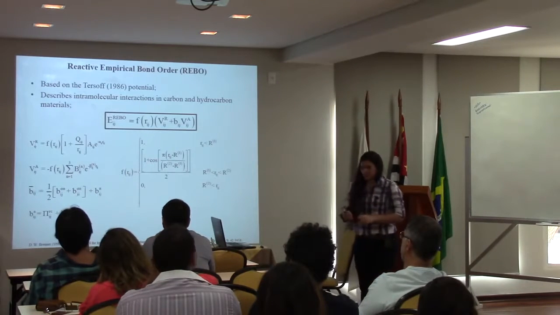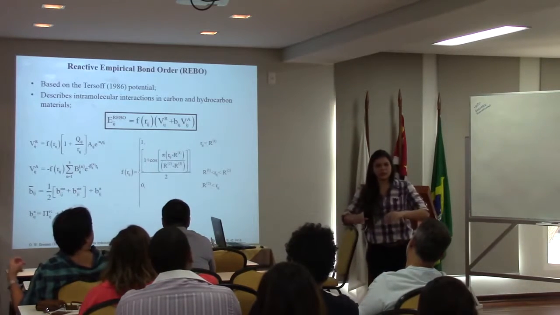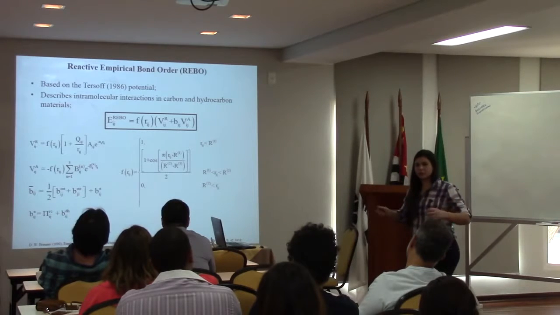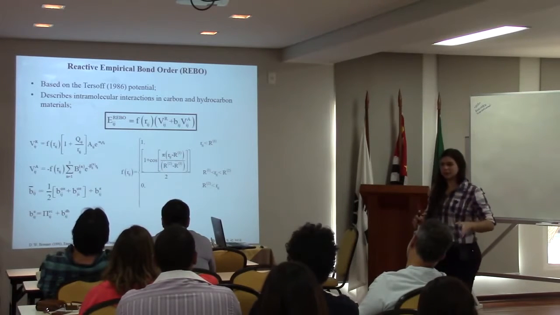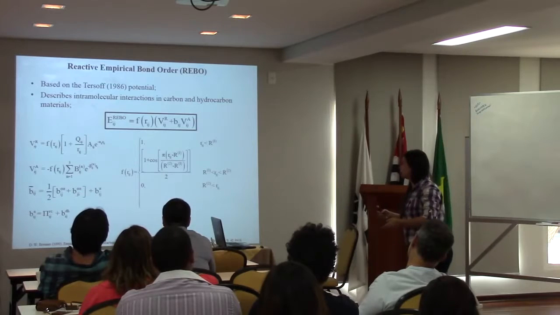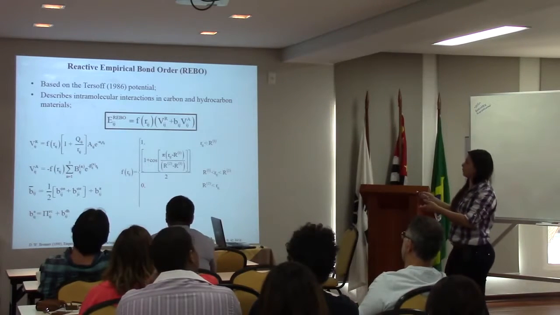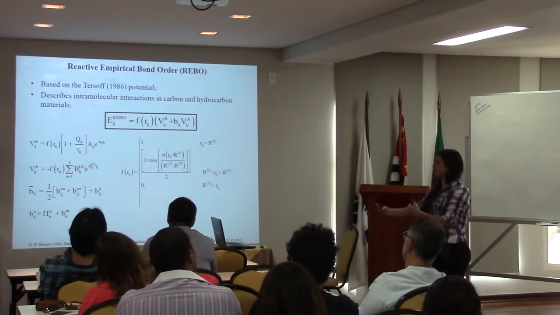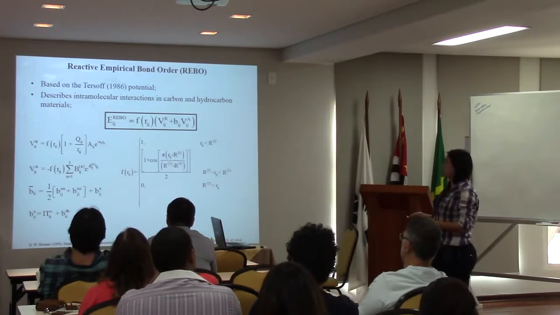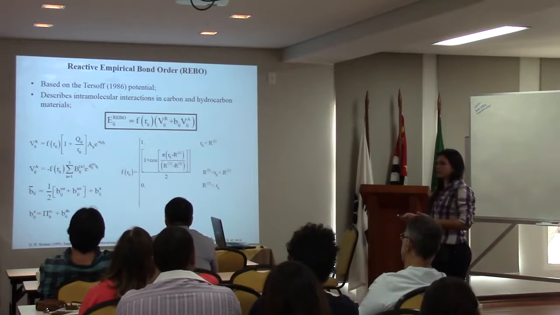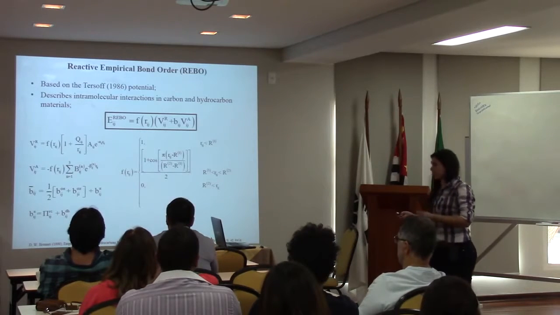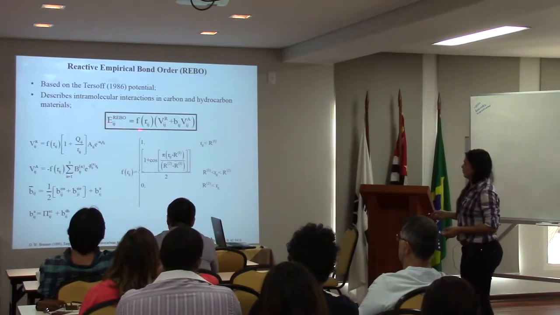So this was one idea using Lennard-Jones, how we can get the energy for that kind of atomic element. The other potential that we are working with is the Ribble potential. The Ribble potential is based on the Tsarov potential and describes the intermolecular interactions in carbon and hydrocarbon materials. The expression for this energy is this one.